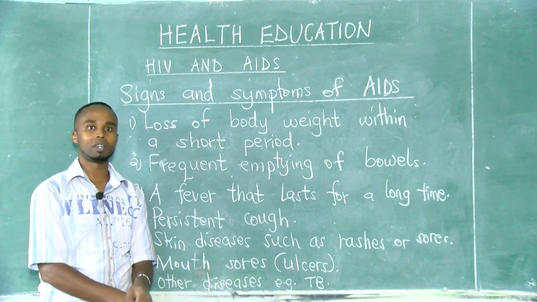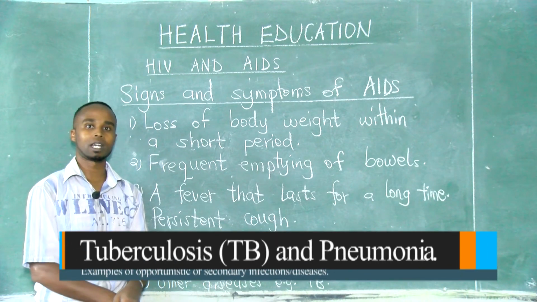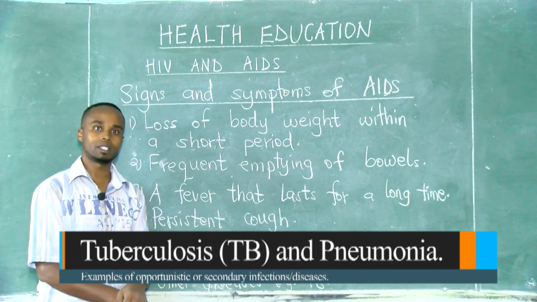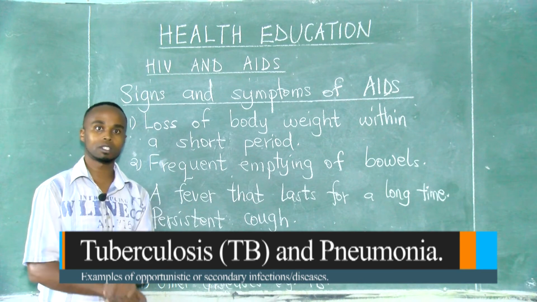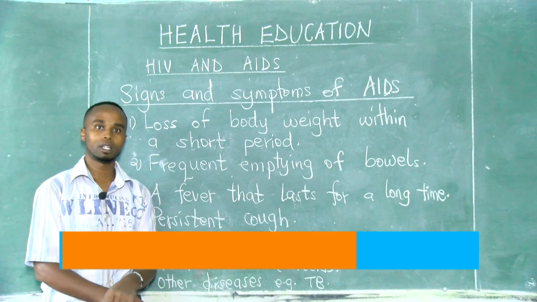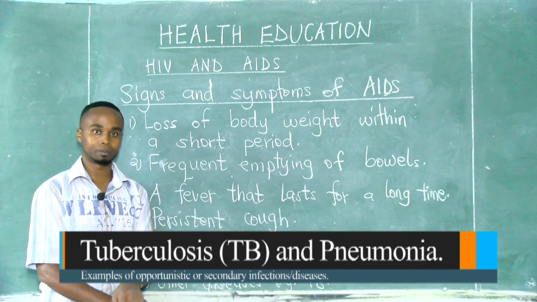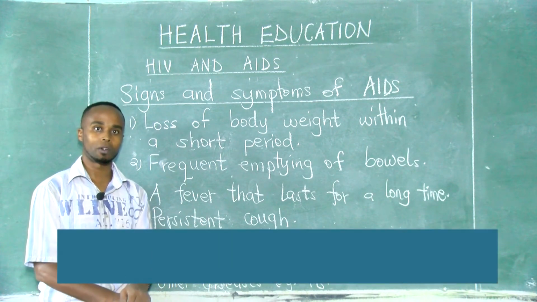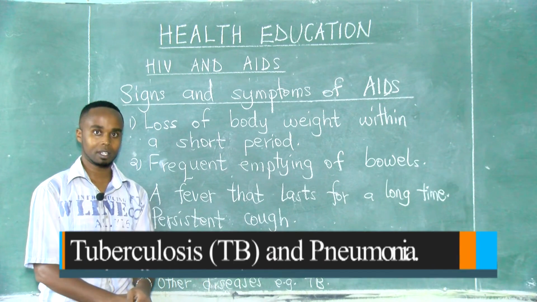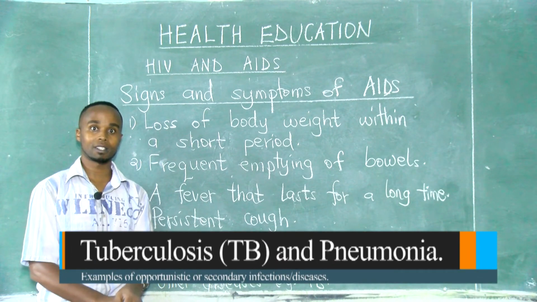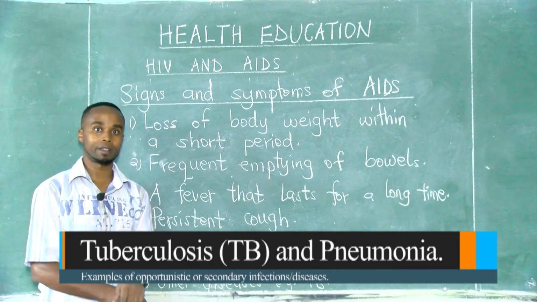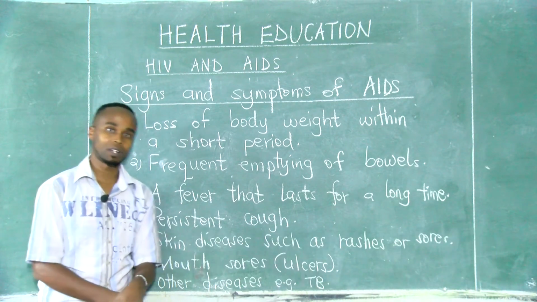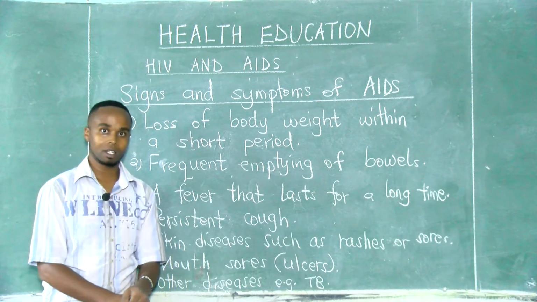If you are asked to name them, mostly there are two common opportunistic diseases, like tuberculosis, that is TB, and pneumonia. Tuberculosis and pneumonia are the most common opportunistic diseases. And these diseases are the ones that can easily cause death. Yes, they are known as opportunistic diseases.